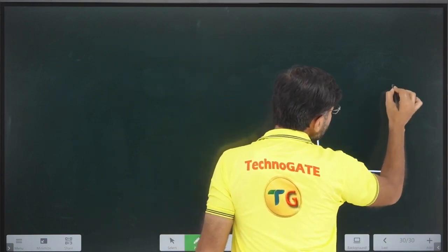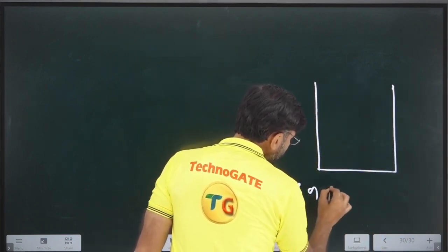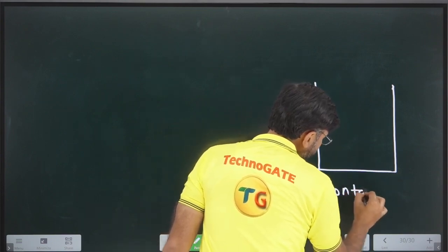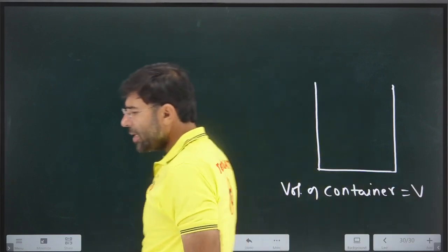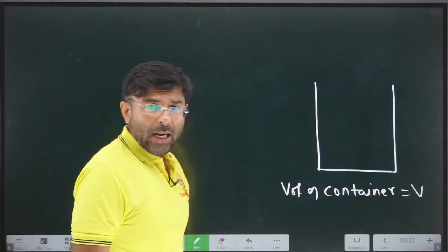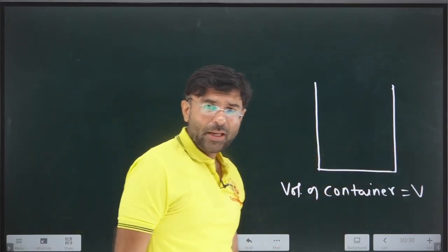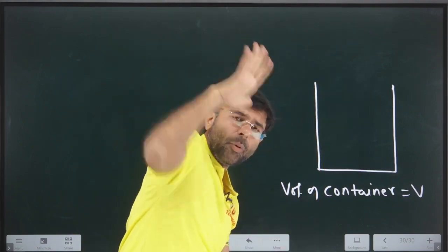Now, the second thing. I will again take this container, the same container, with volume V. The sample which I have, I will try to fill in this container in the densest possible state.